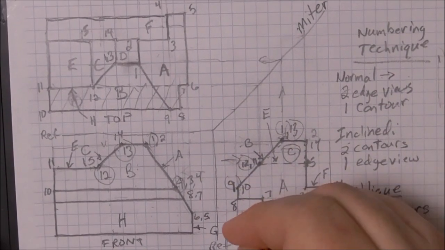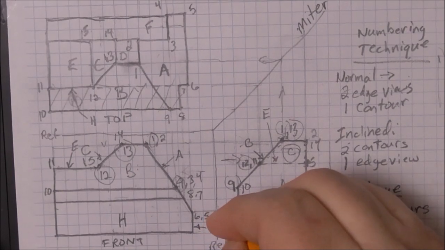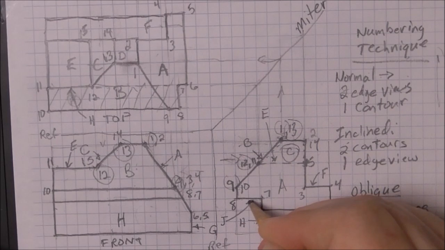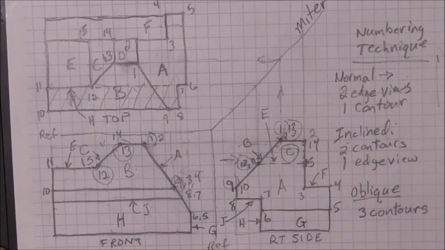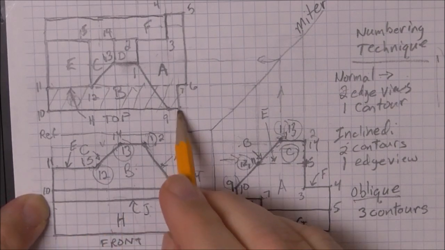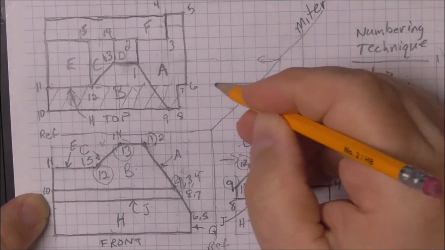This one here, I don't use I because it looks like a capital H too much, so I'm going to use J. J is this line. It's a horizontal plane. Here it is in the front. We know the width of it. It goes over to point 8. We know the depth of it. Here's the back of it right here.